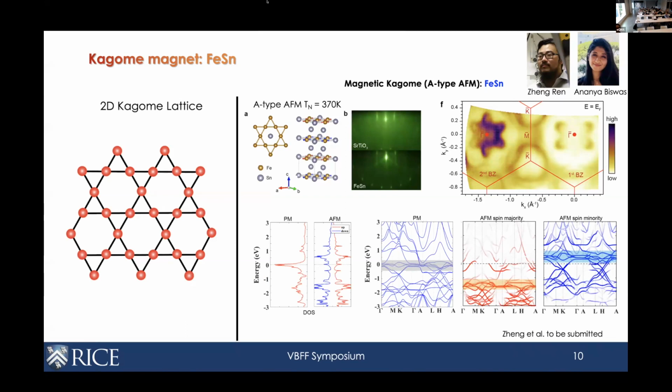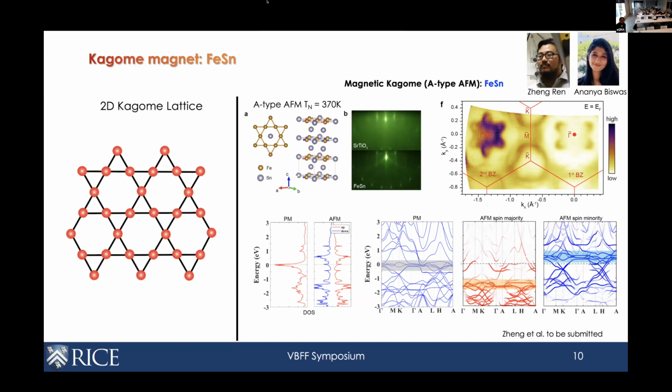And the thin film, for some reason that's unknown to us, is really, really robust. So if we measure the film with ARPES, take it out to the other chamber, keep it there for a week and put it back in the chamber, all the features are reproduced. So this turns out to be a very robust system to look at what happens to the electronic structure as we go through the magnetic order.